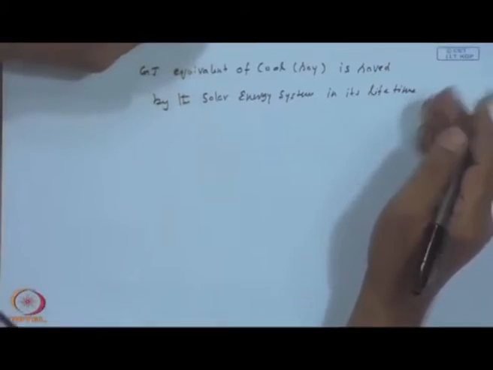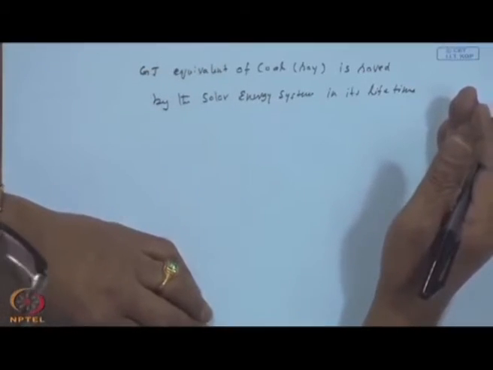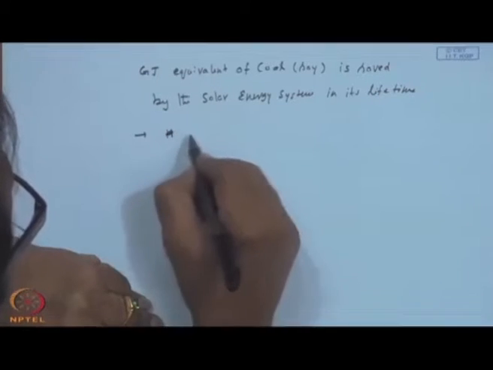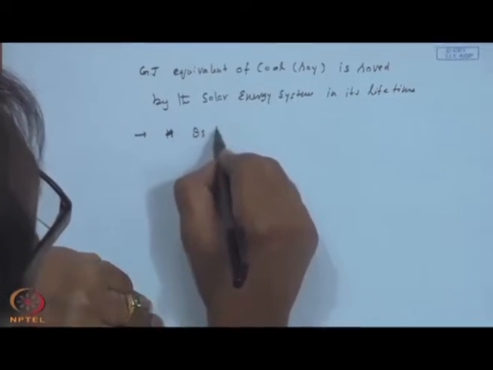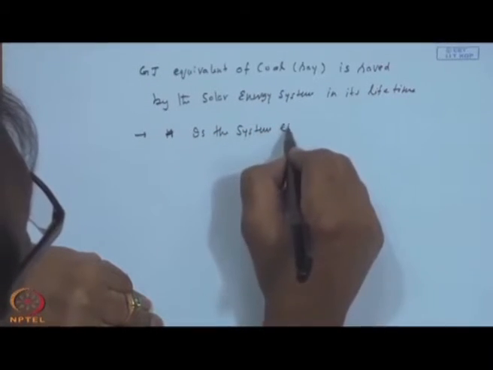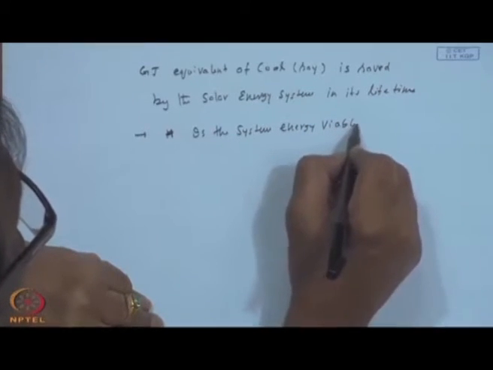one aspect is the money, or whether it is economically worth it or viable or not, that will come a little later. Now, the question is: is the system energy viable?